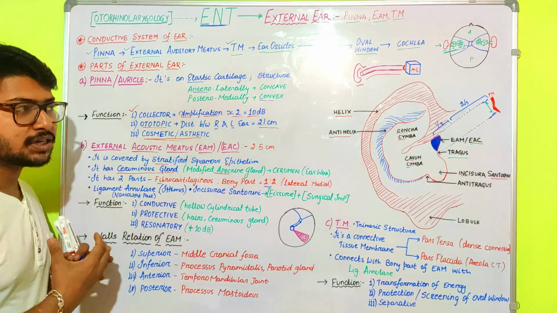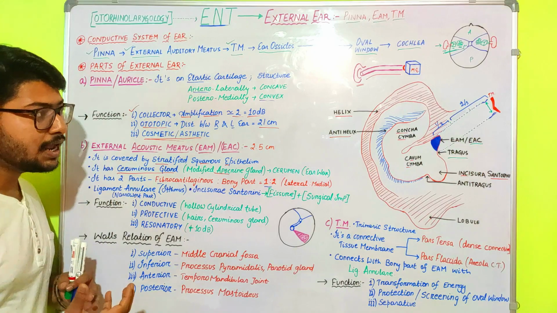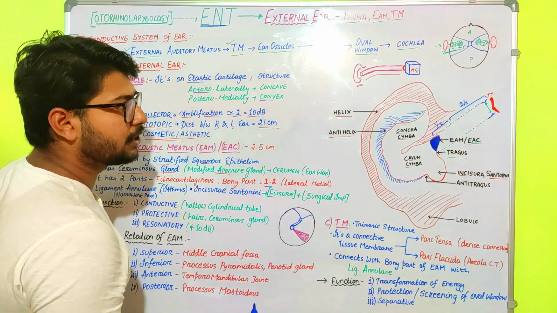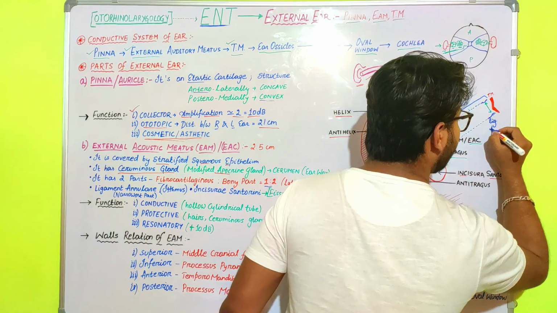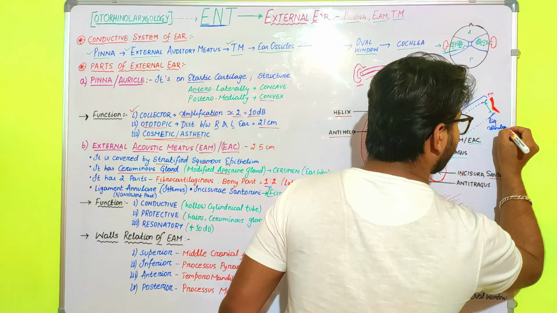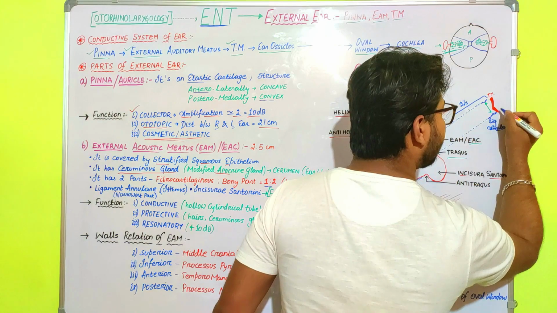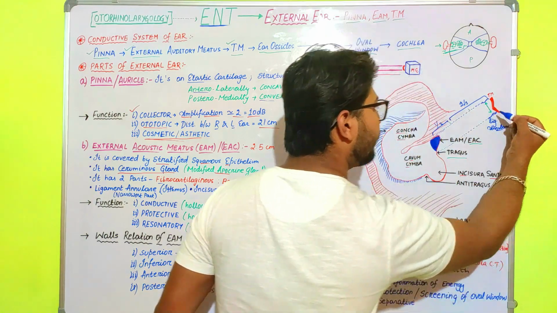What is that? It is the ligamentum annulare, a ligament that connects the tympanic membrane with the bony part of the external acoustic meatus.